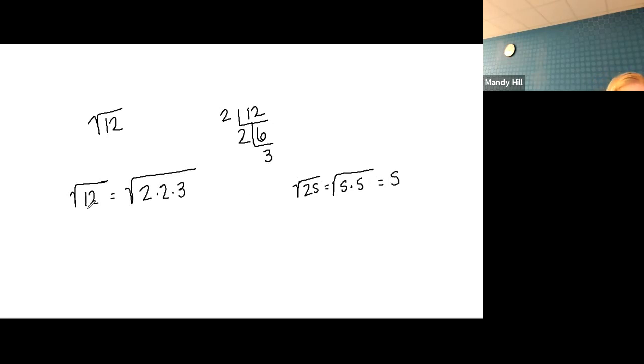So it's the same thing here. If you've got a pair of something, that's what you get to pull out, and that's the answer. So if we've got the square root of 12, I do have a pair of 2's. So that's what gets to go on the outside of that radical sign. And whatever is left that doesn't have a partner or a pair will go underneath the radical sign. So the square root of 3.